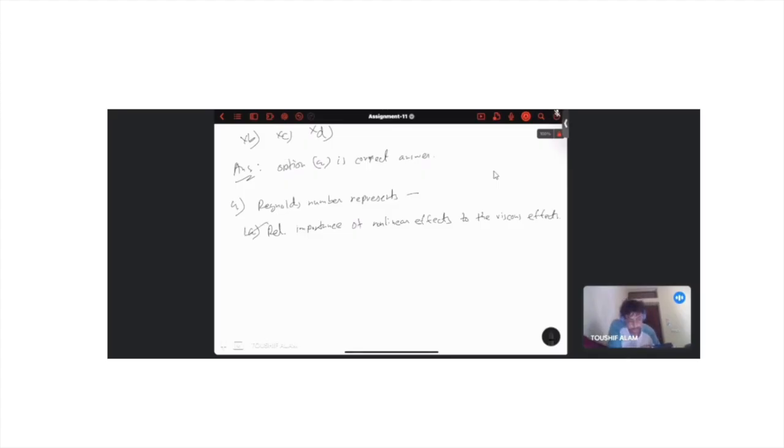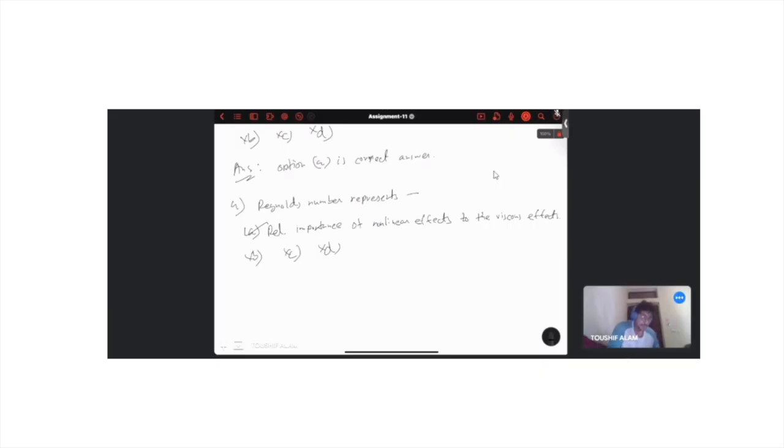So option B is again wrong. Option B is saying the relative importance of the pressure force to body force. That is not the Reynolds number, right? The ratio of the largest to the smallest scale of turbulence is also not the Reynolds number. The time to attain stationarity, this is not so. Reynolds number is basically the relative importance of nonlinear effects to the viscous effects.